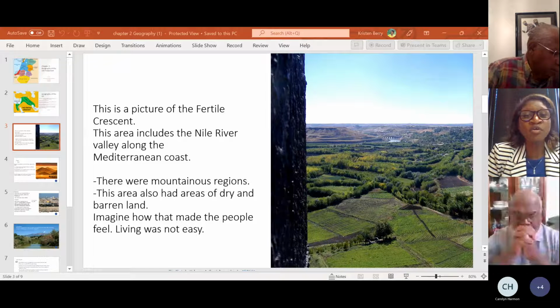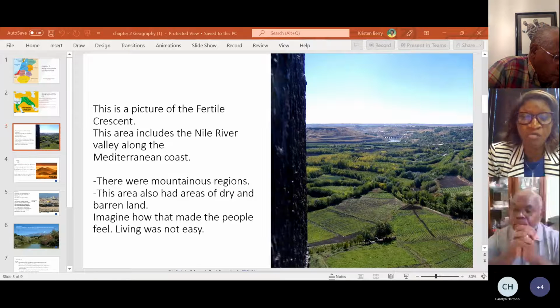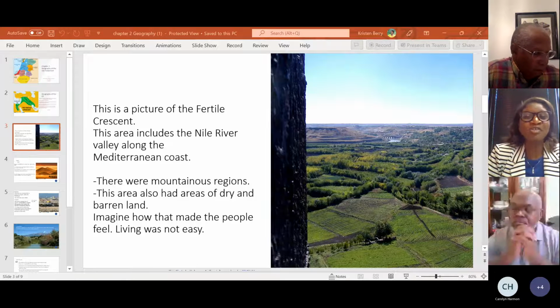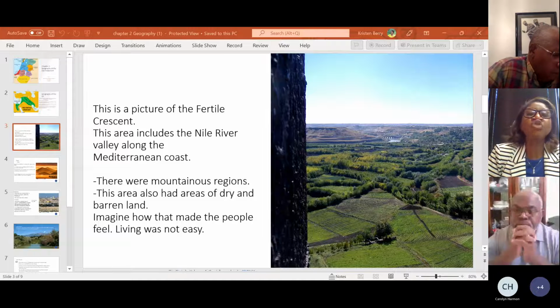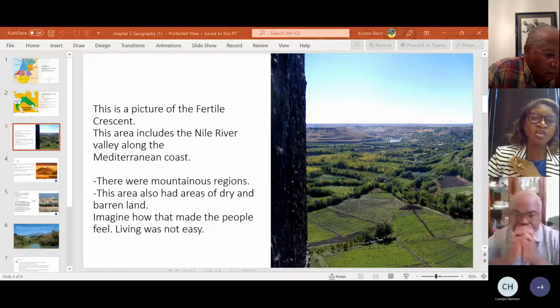There was no Amazon to order things. They couldn't go to the grocery store. They couldn't go to my husband's favorite place, Lowe's or Home Depot, to get their supplies. They had to walk, and they had to figure out how they could get something from someone else and trade off their goods.